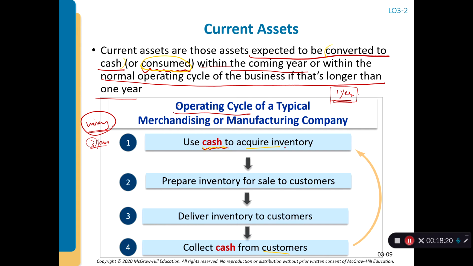Or if you're a shipbuilder, the operating cycle extends far beyond 1 year. Sometimes it takes 4 years to build an oil-carrying supertanker. Then the shipbuilder will classify those assets as current based on the building cycle, right? But for most companies, 1 year should be the threshold, okay?